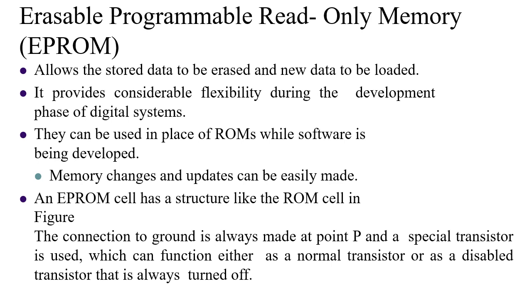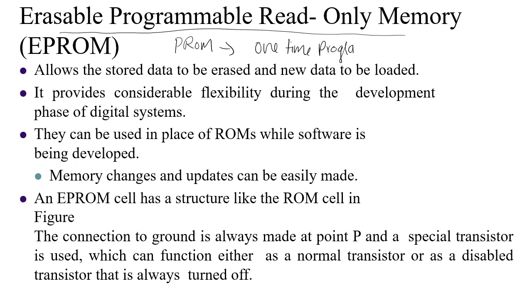The next type of ROM is erasable programmable read-only memory. The previous memory, that is PROM, is one-time programmable. Once it is programmed, it cannot be reversed back to the original position.